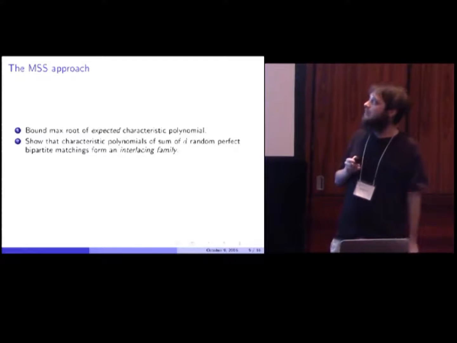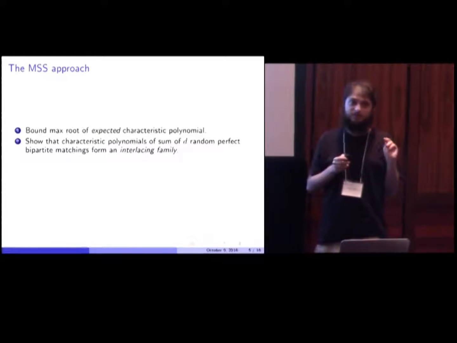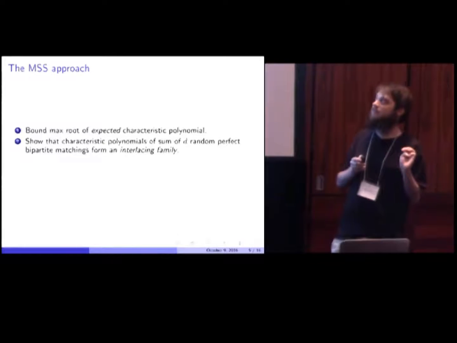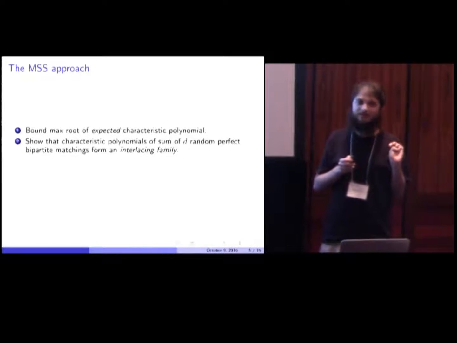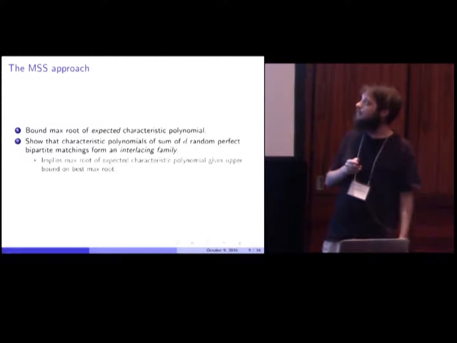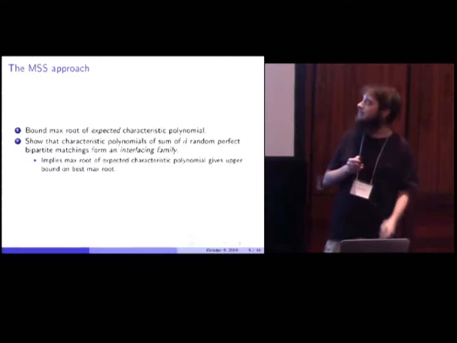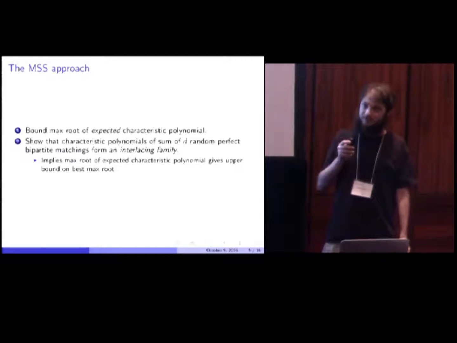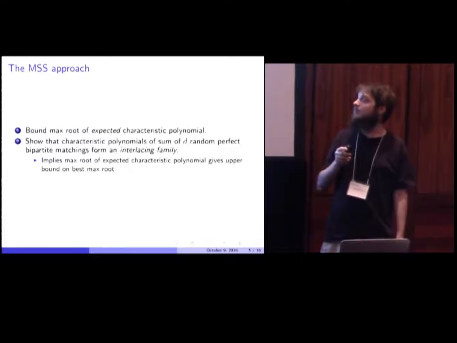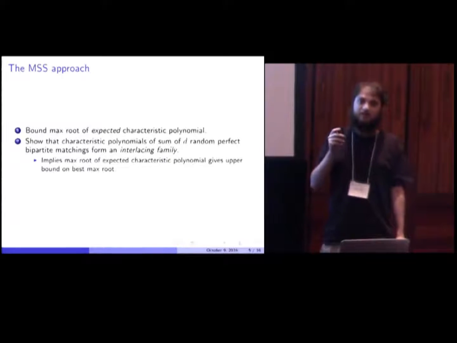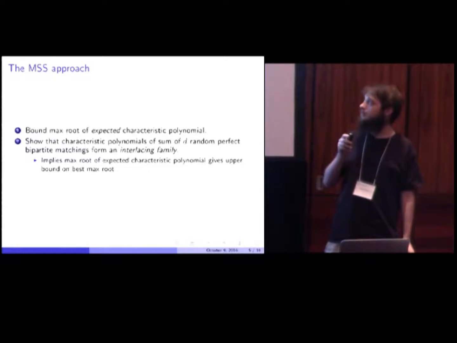And then they show that these characteristic polynomials associated with all the graphs are grouped into something called an interlacing family. And I'll get into what that is. It's a special property of a probability distribution of polynomials, or a family of polynomials. And this interlacing family property guarantees that if the expected characteristic polynomial has a small max root, then there must exist one actual concrete representative of this probability distribution whose characteristic polynomial has a small max root.